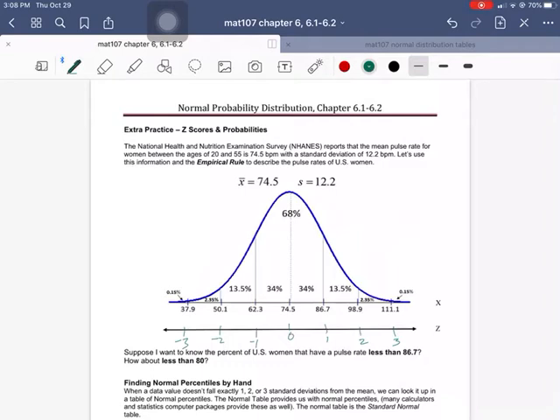And suppose I wanted to know the percentage of U.S. women that have a pulse rate less than 86.7. So 86.7 is right here. Okay, less than.